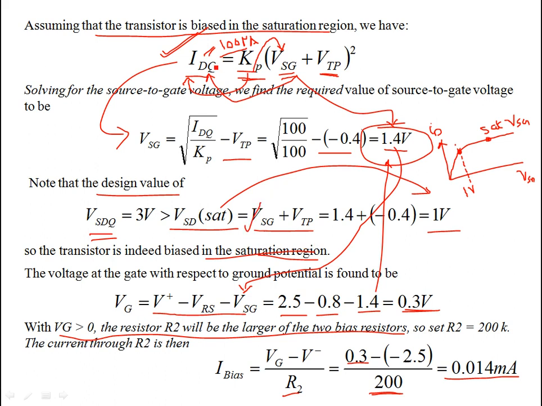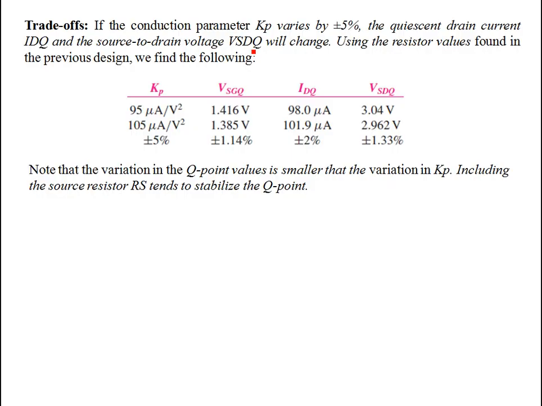So there will be a change in IDQ, a change in VSDQ, and a change in VSG. These three parameters are going to vary because of Kp. There is a plus minus 5% variation in Kp.